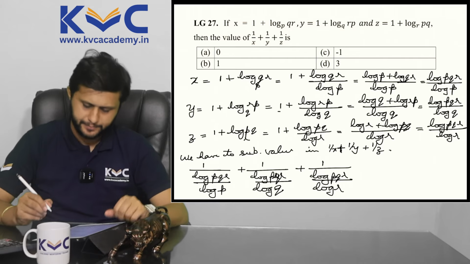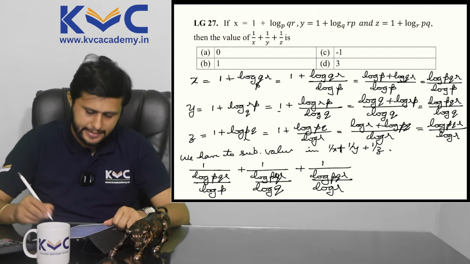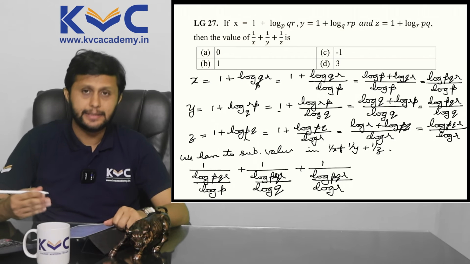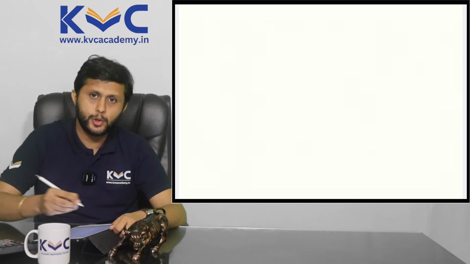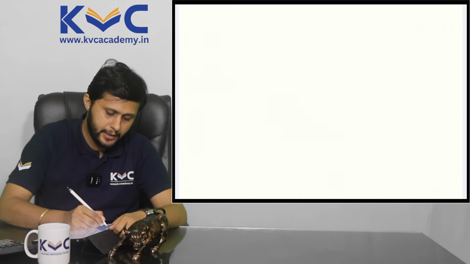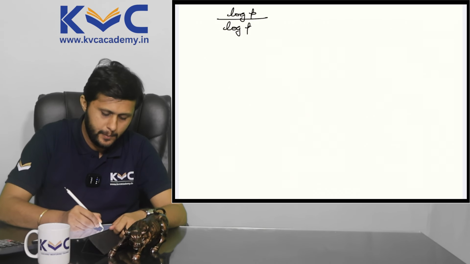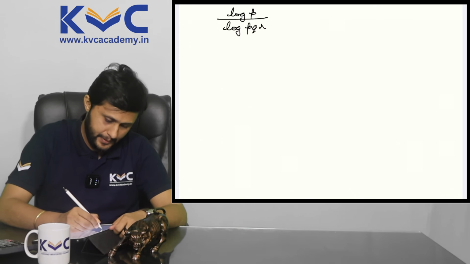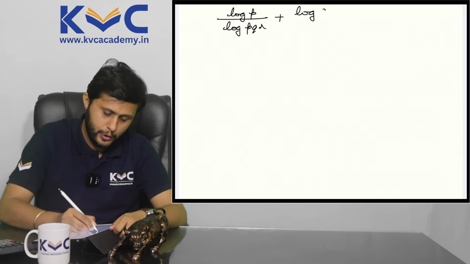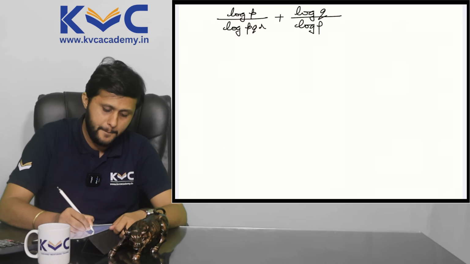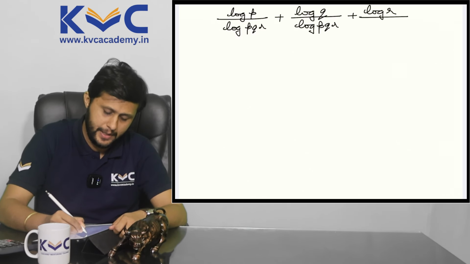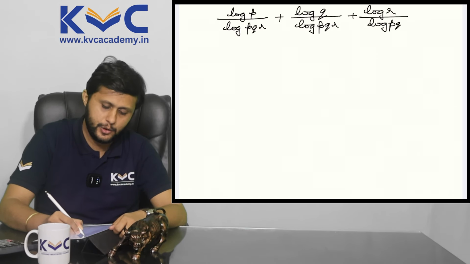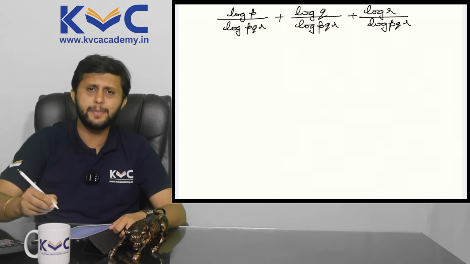What next? We have to take reciprocal, because in the denominator there is a fraction. Continuing the solution from the previous page, I get log P by log PQR plus log Q by log PQR plus log R by log PQR. We have same denominator.